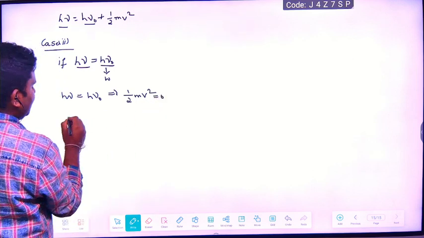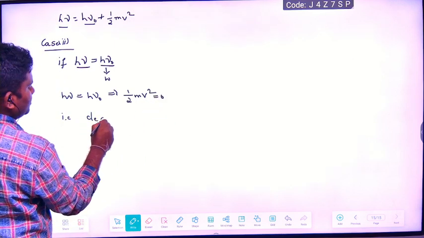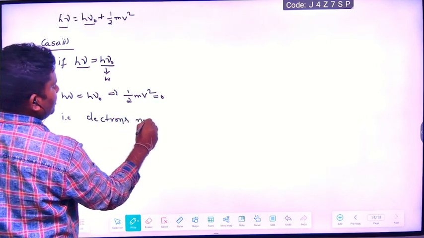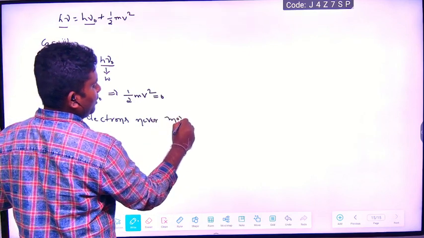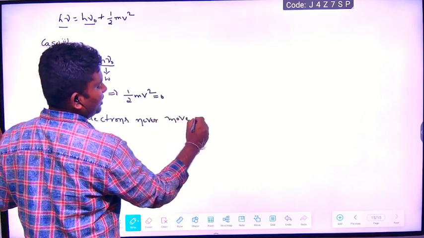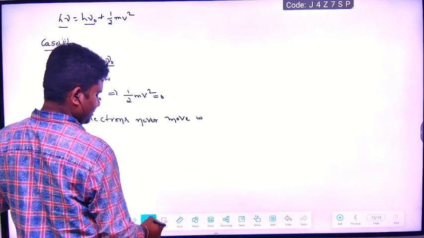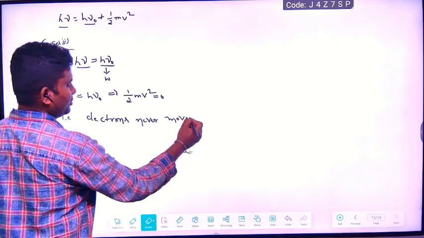That means the electron never has kinetic energy, never moves with some velocity, it will never move.